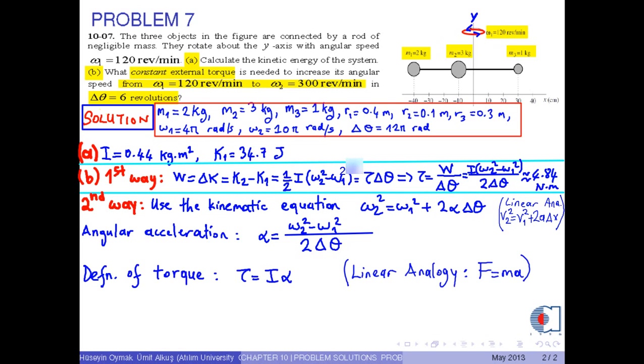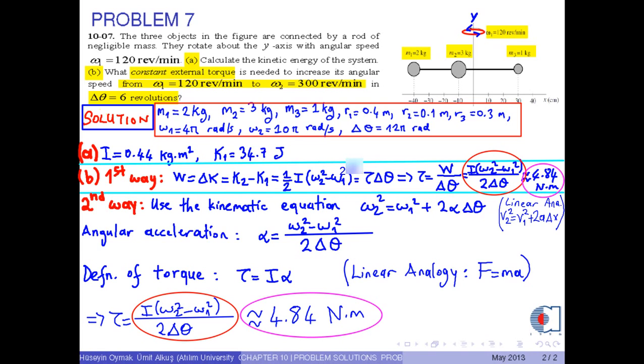Now, if we use the definition of torque, which is tau equals I times alpha, where I is the rotational inertia of the system, we finally obtain an expression for tau as I times omega 2 squared minus omega 1 squared over 2 times delta theta. As you see, it is the same as the result that we have found by the first way. Therefore, it is equal to approximately 4.84 Newton times meters.